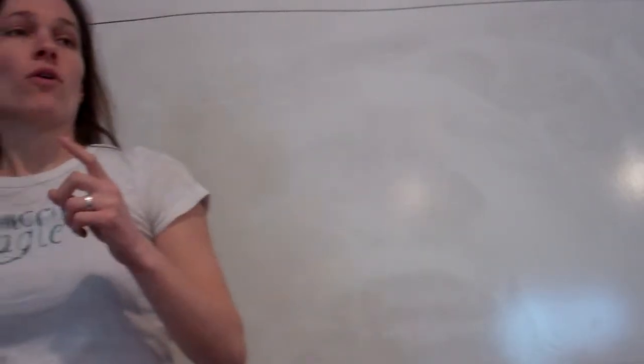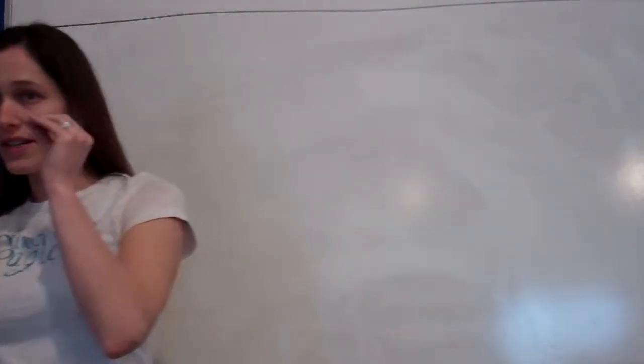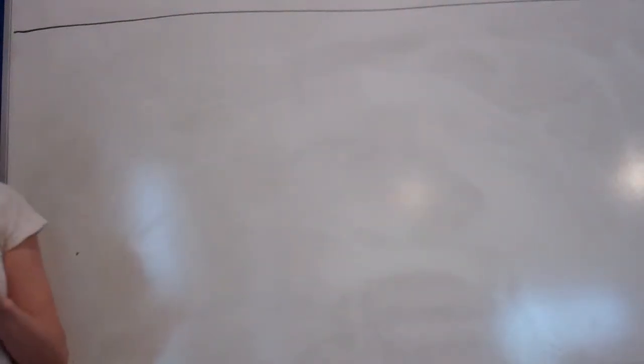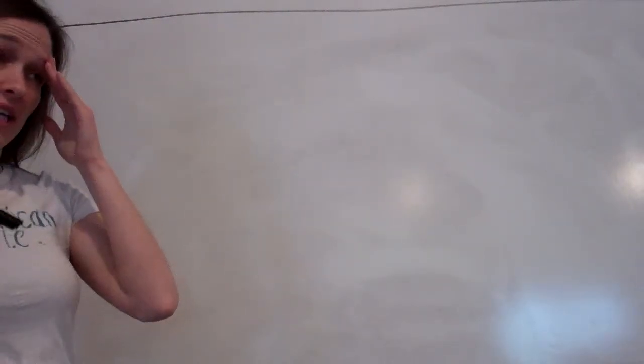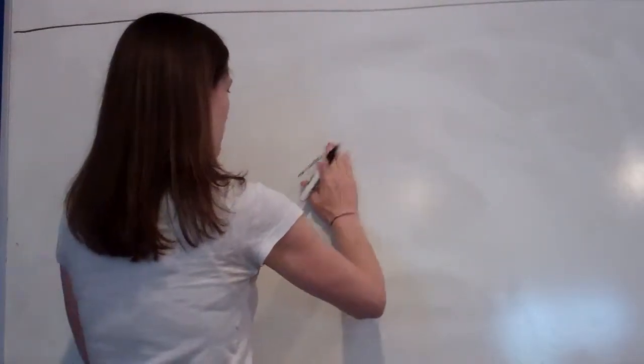Okay? Now, the volume is length times width times height. Okay, but I'm going to teach you a little bit of a different idea of what volume is. Now, I'm going to try to draw a 3D image of this. I don't always do great at those.